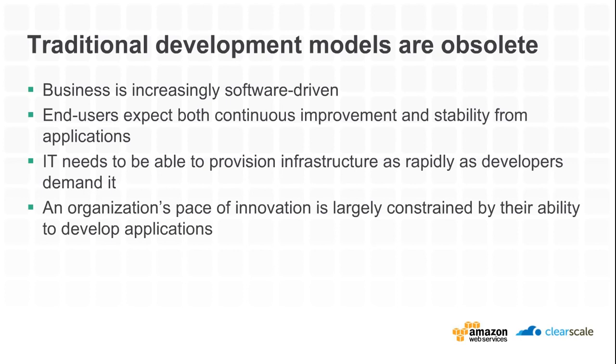So definitely the business drivers are there to make the provisioning process very fast. End users expect both continuous improvement and stability in the application. There is more and more demand for greater stability, high availability, and a stable environment, yet users are also demanding greater features and faster service delivery turnaround time. So that's a big challenge in front of IT organizations: how to speed up that delivery.